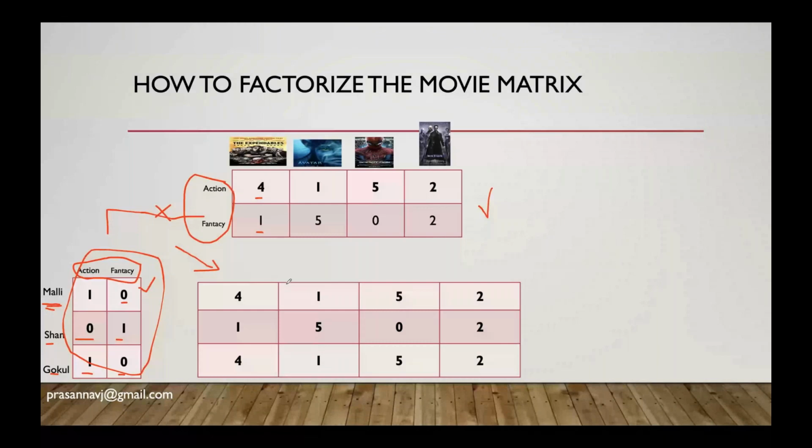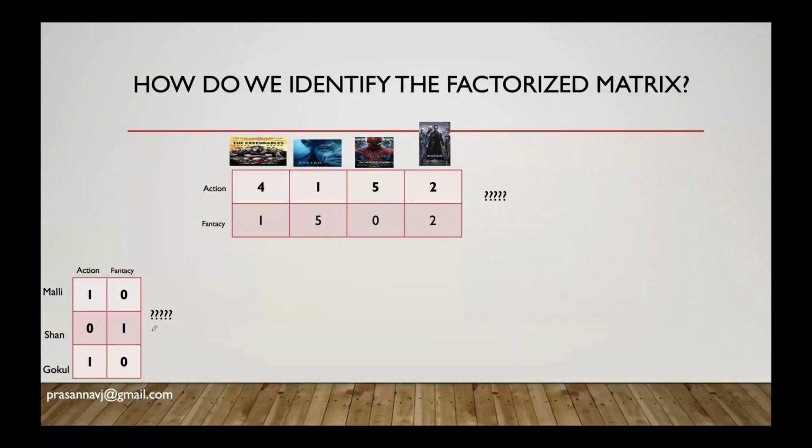That is a big question. Now how do I do it? That is where machine learning comes into the picture. So how do I build these two matrices? That is our main problem statement. If I build it, then using this factorized matrix, for Mali I can identify all the recommended genres and directly provide the corresponding outcome.